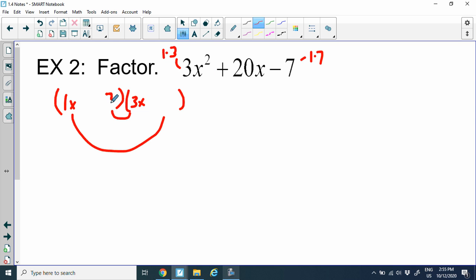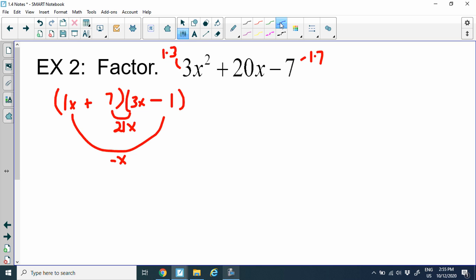So let's put 7 in the front and 1 in the back. So I do 7 times 3x to give me 21x, and then x times 1 just to give me x. So if I added or subtracted 21x and x, could I get a 20? Yes. Now notice I have a positive 20, so I need my x to be a subtraction. So I'm going to have 3x minus 1 and x plus 7.